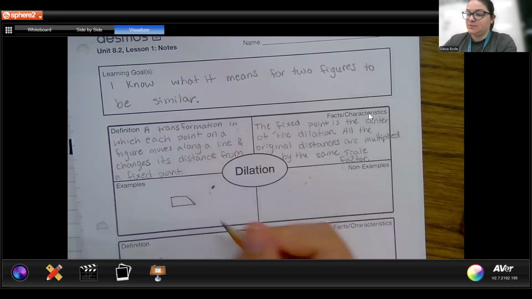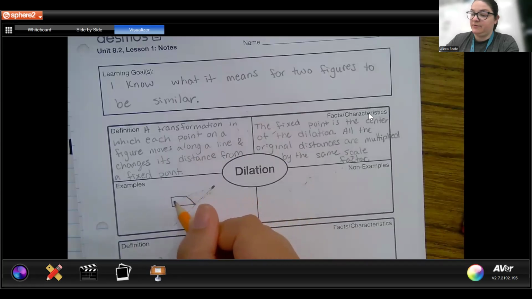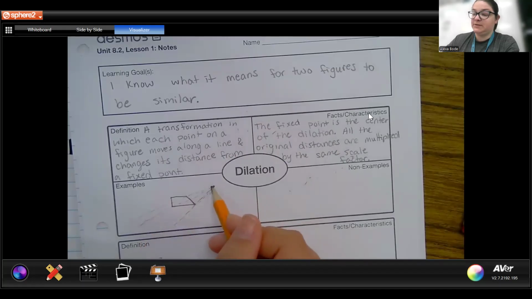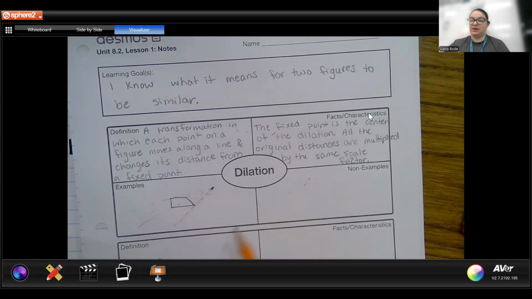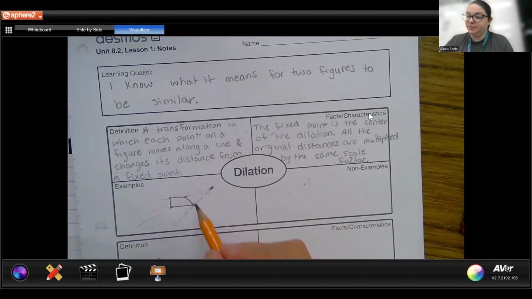So there's my fixed point instead. I moved it up a little bit. So we're looking for the straight line from each point in the shape to the fixed point itself. So pretend like those are nice, pretty straight lines going from the fixed point through each point in my trapezoid.